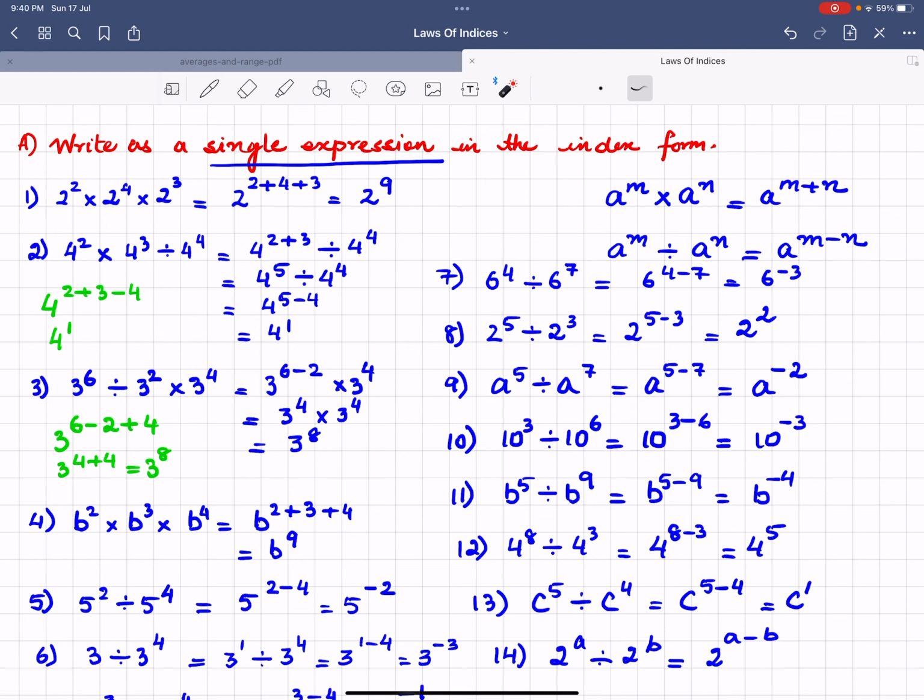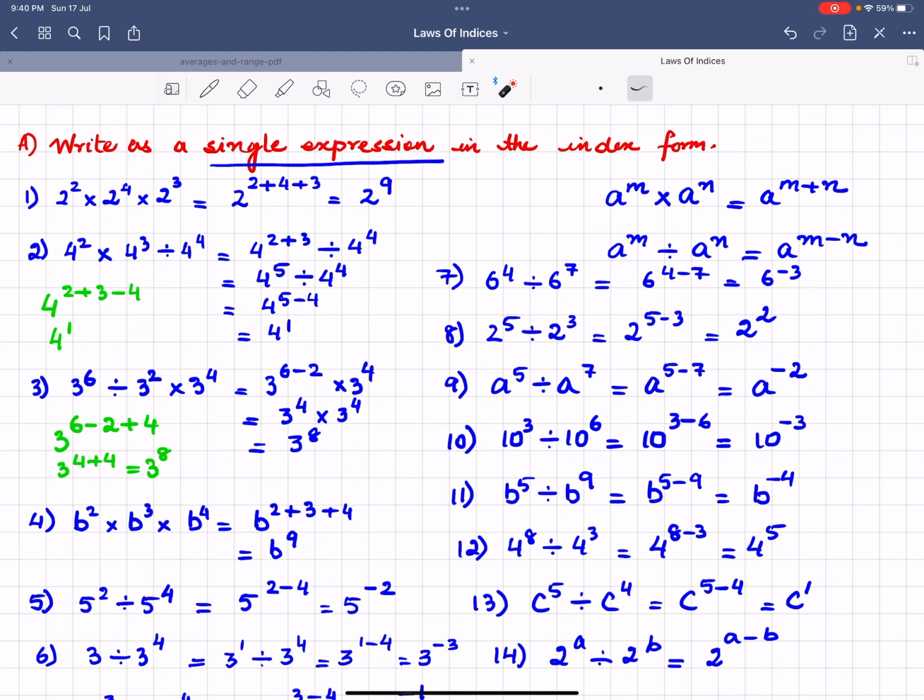For example, in question number 3, I have the index 6, I have the index 2, and I have the index 4. So I have 3 indices. But in the answer, I write the answer as a single index. So the answer is 3 to the power of 8. So these are different from the questions where we are expected to find value.